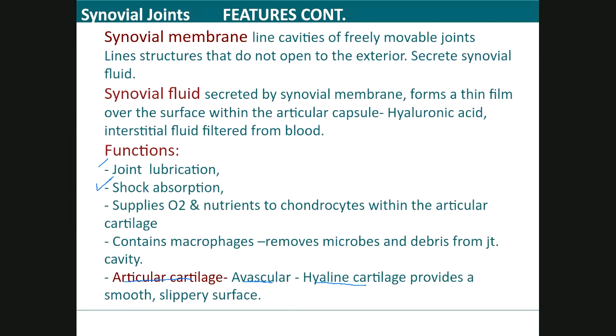So the way it's going to get its nutrition is through the synovial fluid. It's going to supply oxygen and nutrients to the chondrocytes, or the mature cartilage cells within the articular cartilage. It also contains macrophages to remove microbes and debris from the joint cavity.